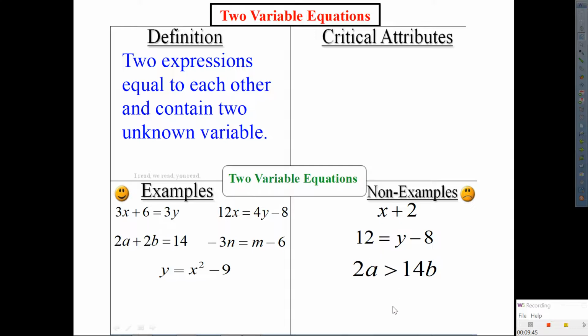Okay. And the last one. Why is this one not a two-variable equation? Jaden. So what does it have instead? Inequality. Okay. Symbol, yeah. So what would we call this? Bonus question, Jaden. What kind of inequality?